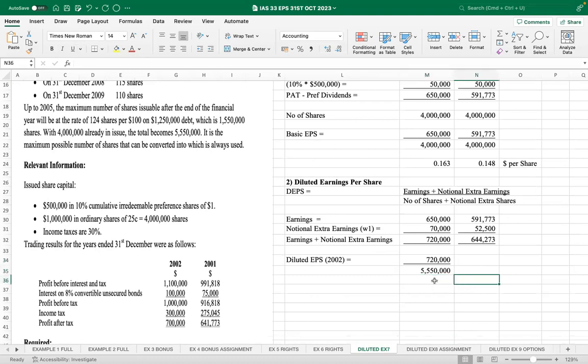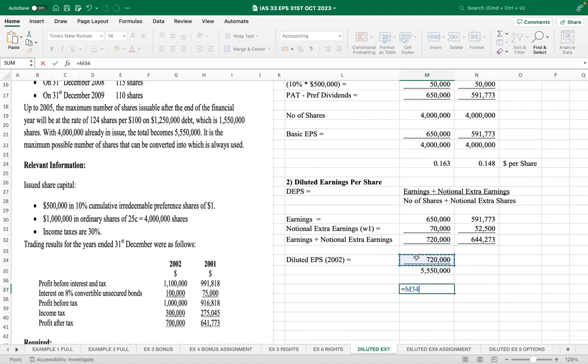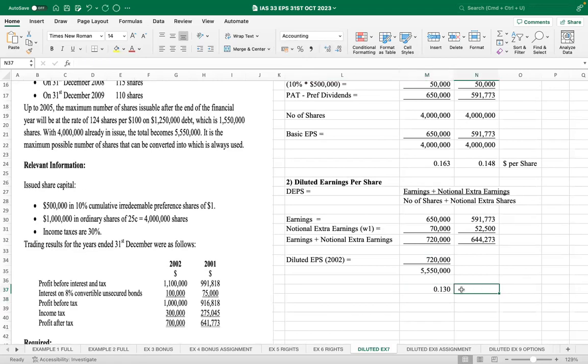So what will we get? 720 divided by that gives you $1.3 per share.